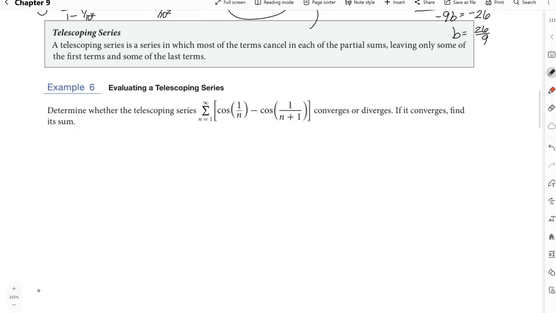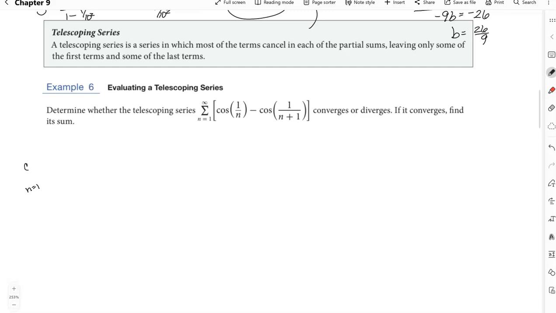So if we were to plug in n equals 1, we're going to have cosine of 1 over 1, which is cosine of 1, minus cosine of 1 over 1 plus 1, which is 1 over 2. So there's what happens when n equals 1. Plus, then I'm going to plug in n equals 2. So this is going to be cosine of a half minus cosine of a third.